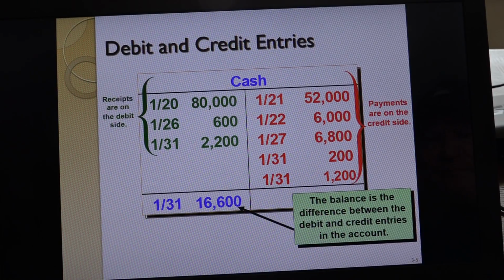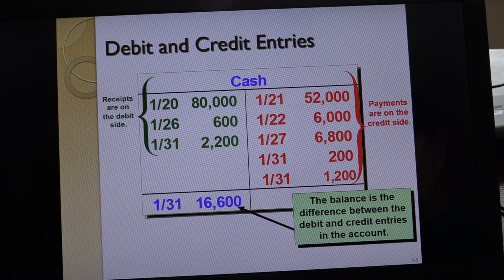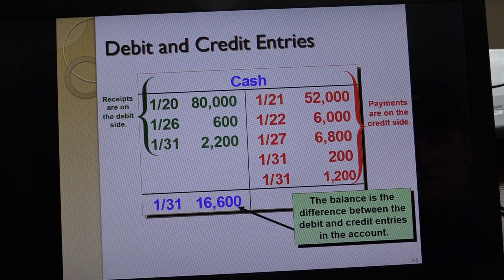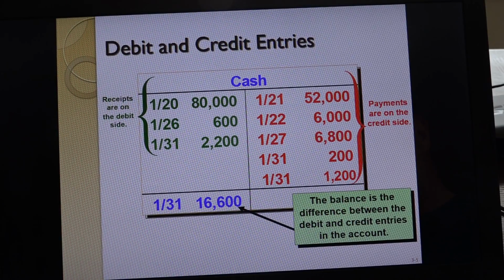And so, for example, we have here the cash account. Now, if you recall, in our accounting equation, the assets are on the left side of our accounting equation.